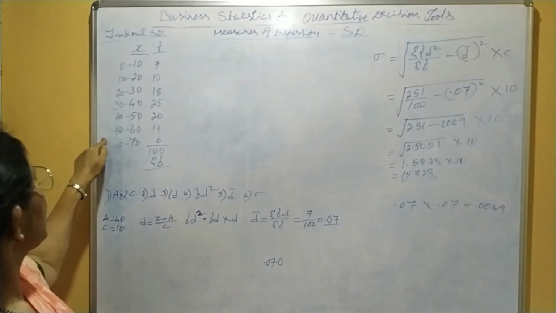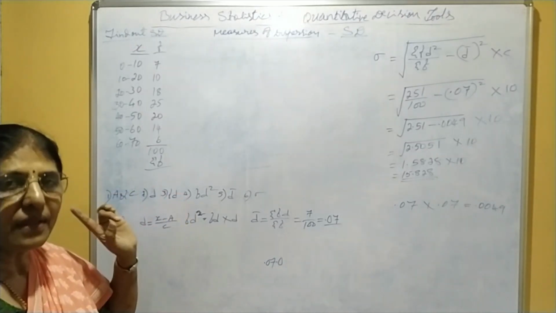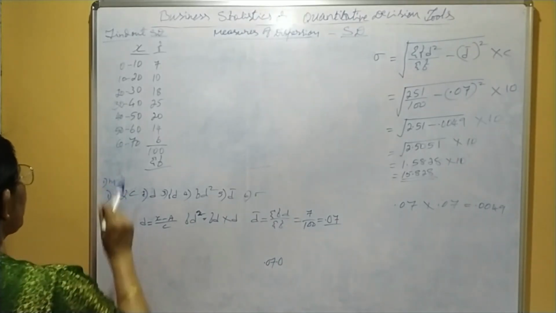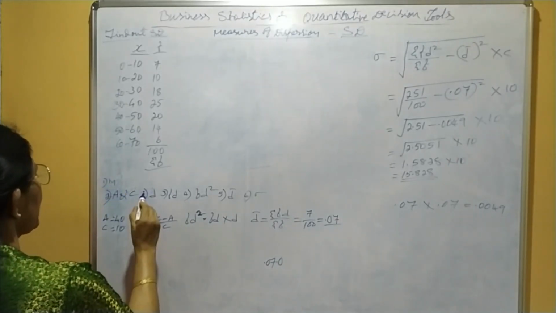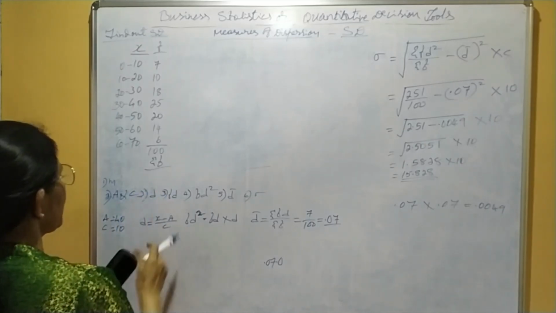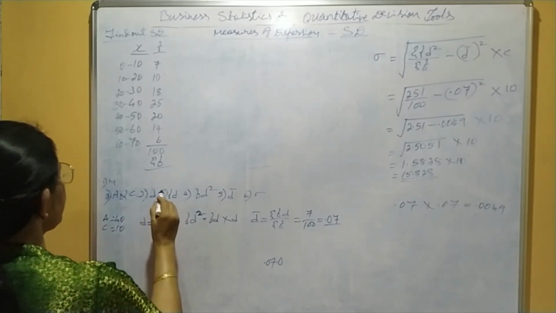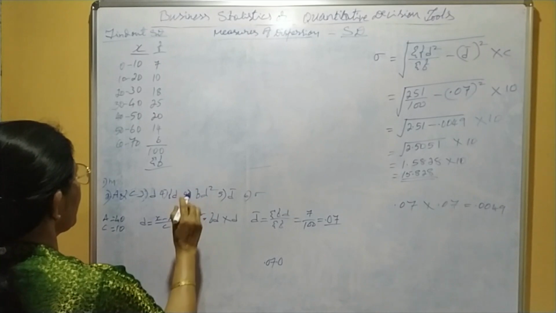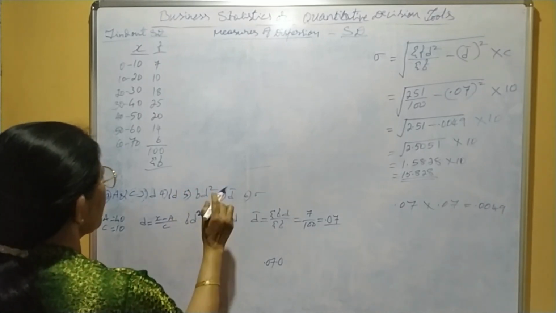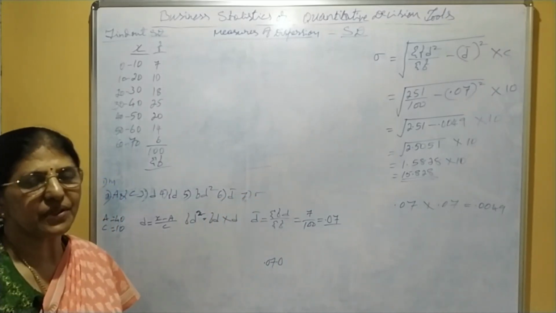Under continuous series, whether it is arithmetic mean or standard deviation, the first step is M. Here first we have to take M, next A and C, third one is D, then fourth one is FD, fifth one FD square, sixth one D bar and seventh one standard deviation.